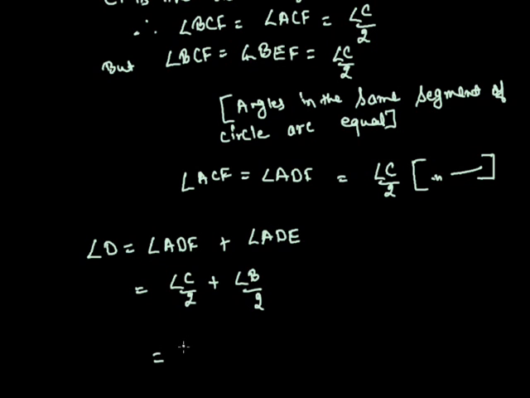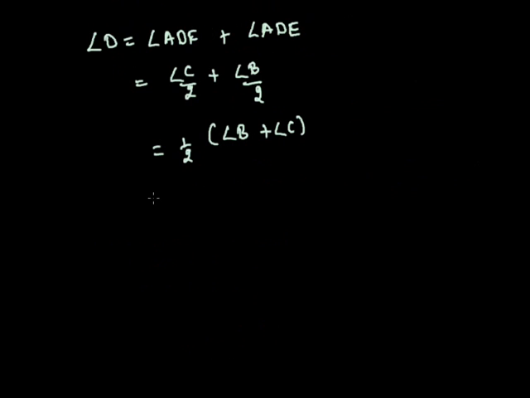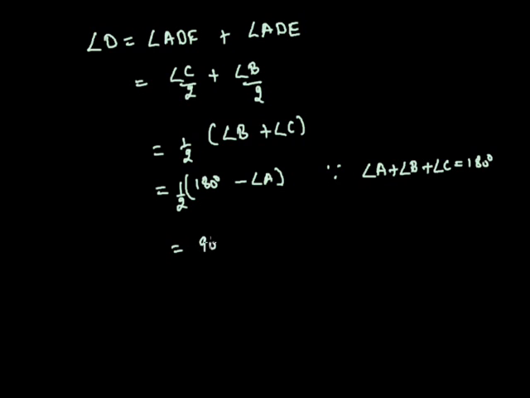So we can write half of angle B plus angle C. Now angle B plus angle C can also be written as 180 degrees minus angle A, because angle A plus angle B plus angle C is equal to 180 degrees. So we can write 90 degrees minus half of angle A. So this is angle D.